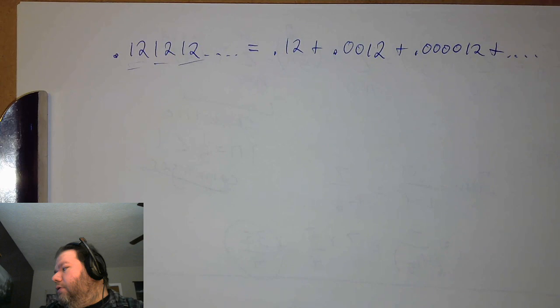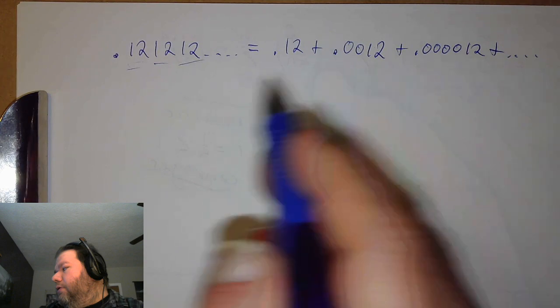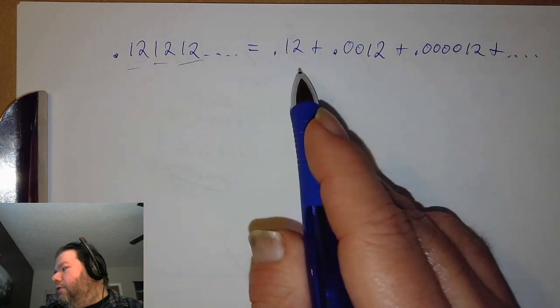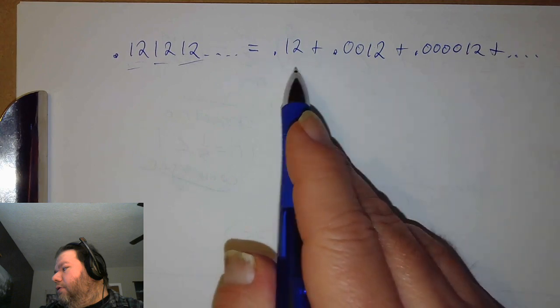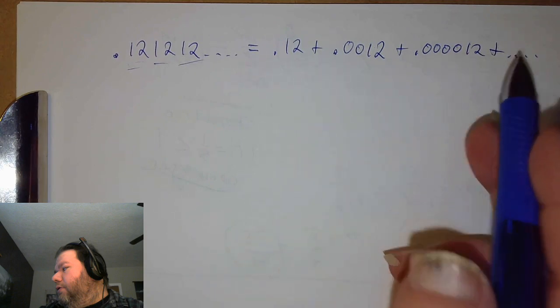Now, all we have to know is that it's continuing. We don't really have to keep going. What we're going to find is that this is now a series where we had an infinite decimal, so we've turned it into a series, and we just have to figure out the definition of the series now.